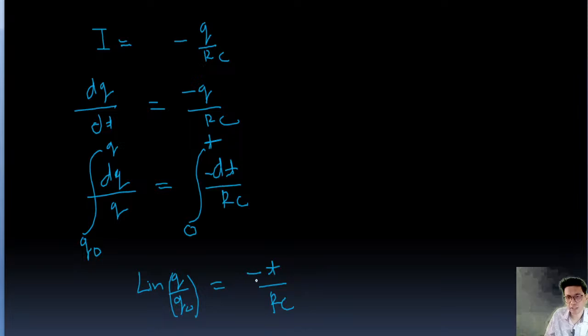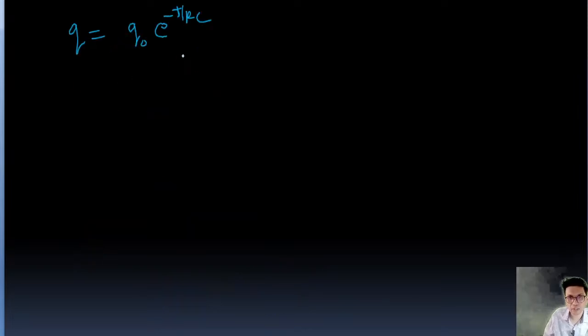Very simple, guys. Taking Q0 to the right-hand side, the value of Q is Q0 e to the power minus t upon RC. So this is the charge.